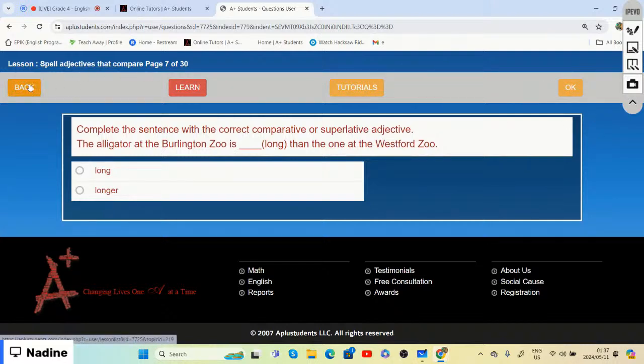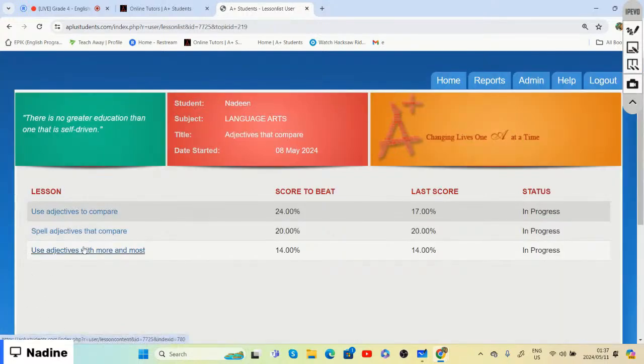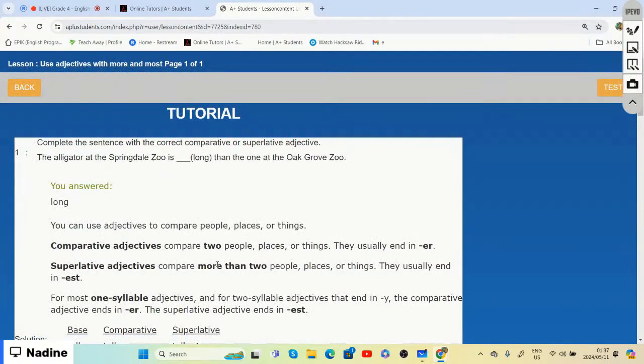All right, let's go back. So now we're going to use adjectives with more or most. When it comes to more or most, we are still using adjectives to compare, like comparative adjectives and superlative adjectives. But now, if a word has more than one syllable, for example, tall is one syllable.